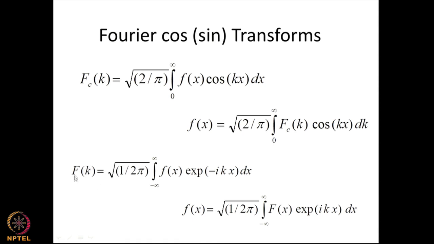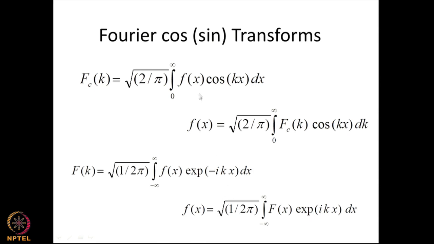F(k), now this is the Fourier transform, not the cos transform. Fourier transform is 1 over root 2 pi, integral from minus infinity to infinity f(x) e to the minus ikx dx. So, this is my forward transform, and when I do the inverse transform, the sign is changed here. You see, I had minus ikx, so here it will be plus ikx. So, this is my inverse transform.